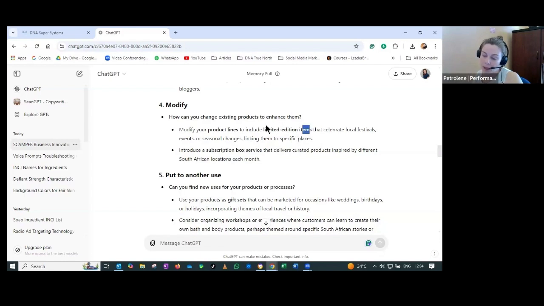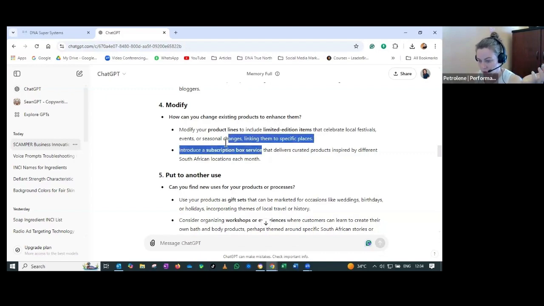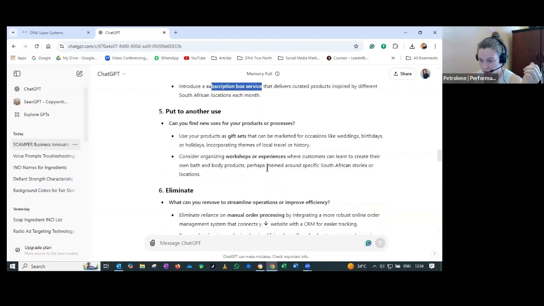And I was actually looking at tapping into that scarcity mentality or scarcity mindset, in terms of there's only a limited amount available, get on the waiting list, that type of marketing, but I'll see. Because subscription box services, this is possibly something I can look into. Gift sets, haven't tapped into that.